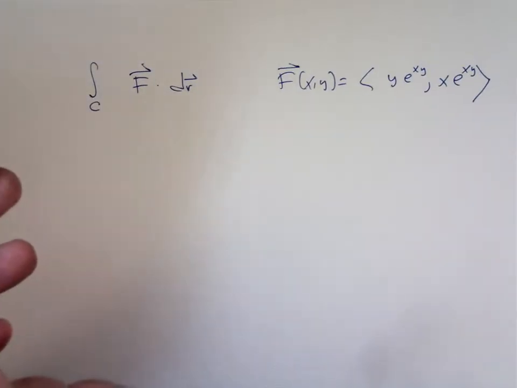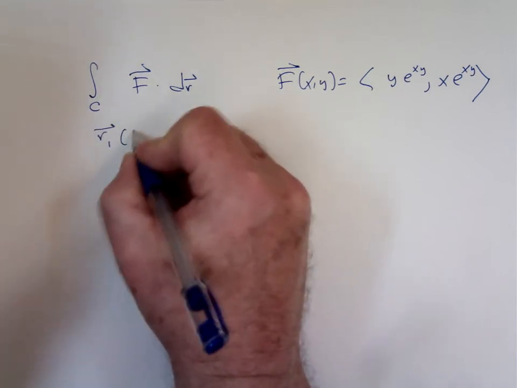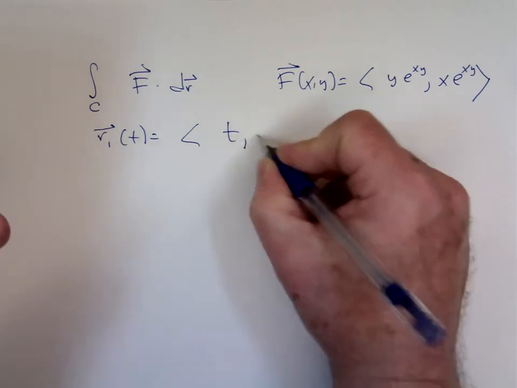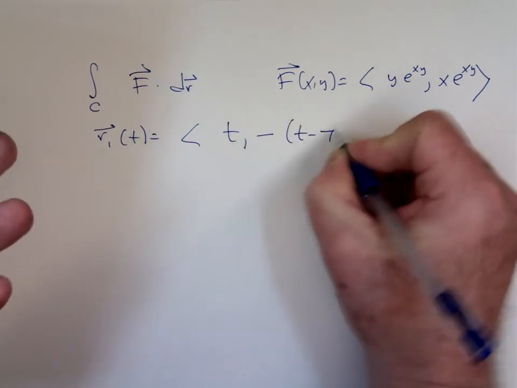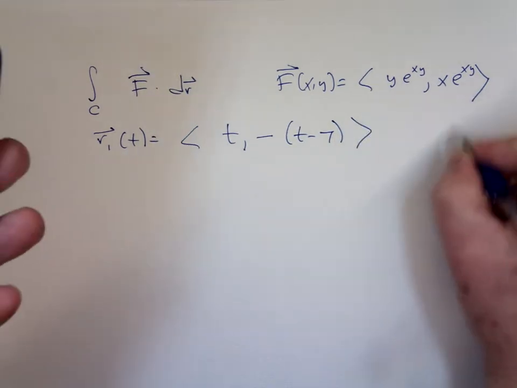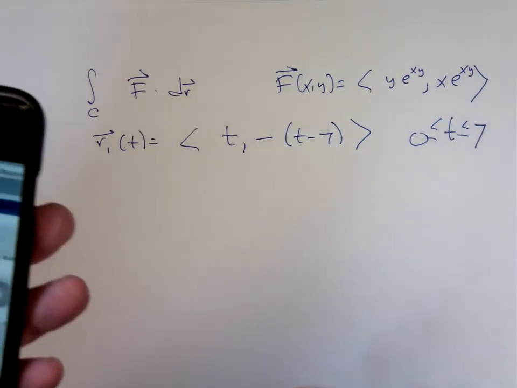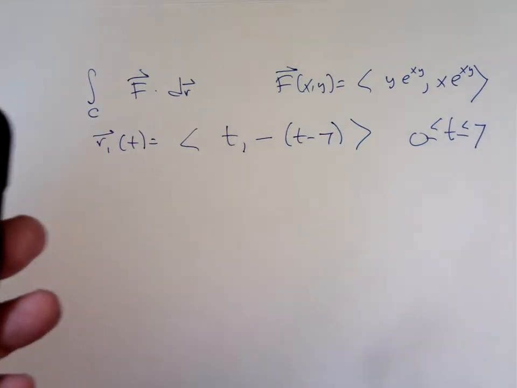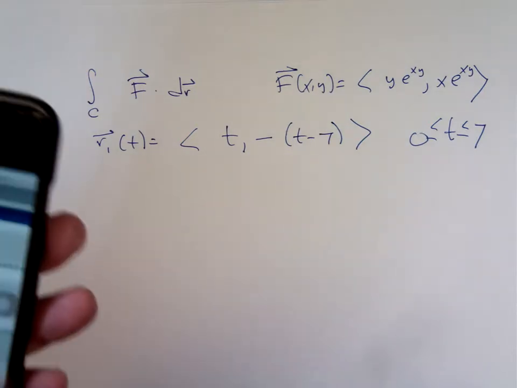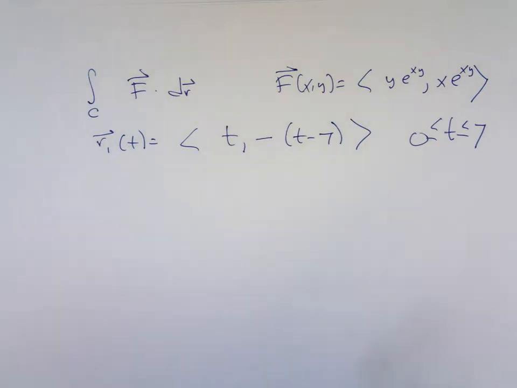The first path is t, negative t minus 7, and t goes from 0 to 7. And then there's another part that runs off the side here. Let's do this first.